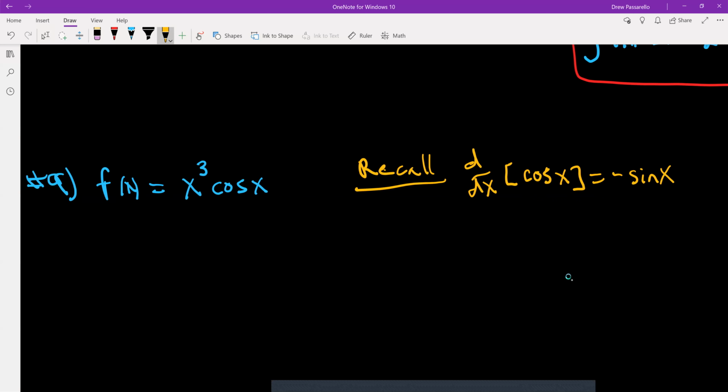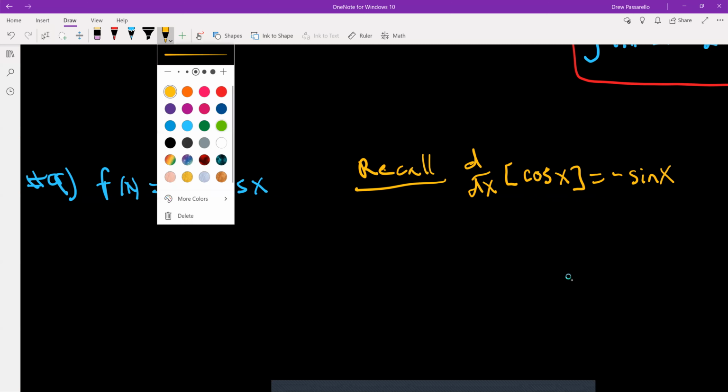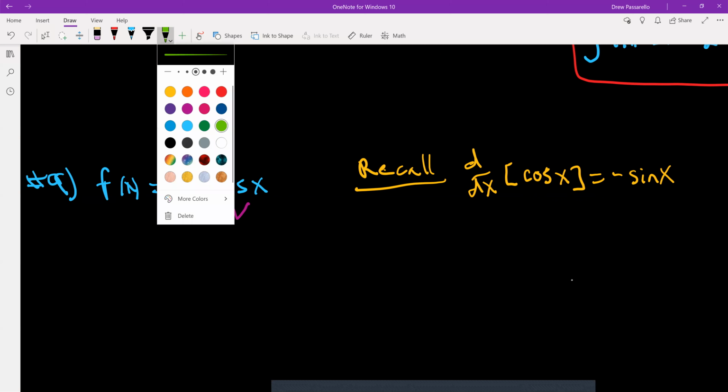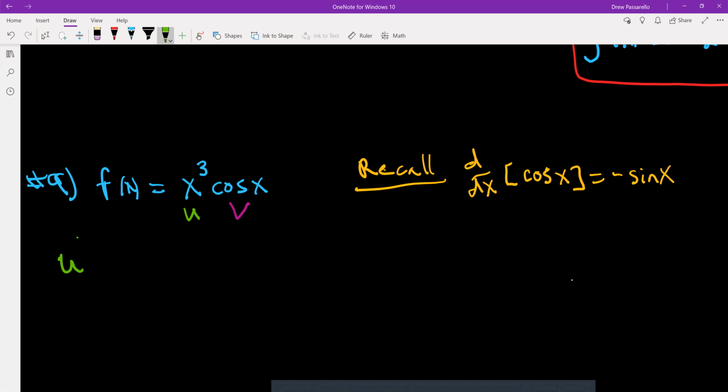All right, so I'm going to let u be the x cubed part. I'll let v be cosine x. So if I were to get u prime, the derivative of u, by power rule, that turns into 3x to the 3 minus 1, which is 3x squared.